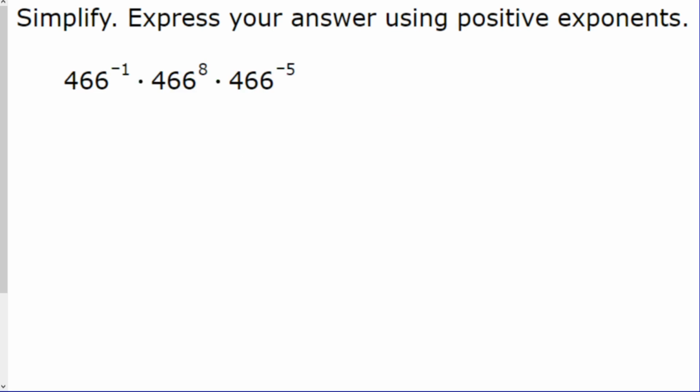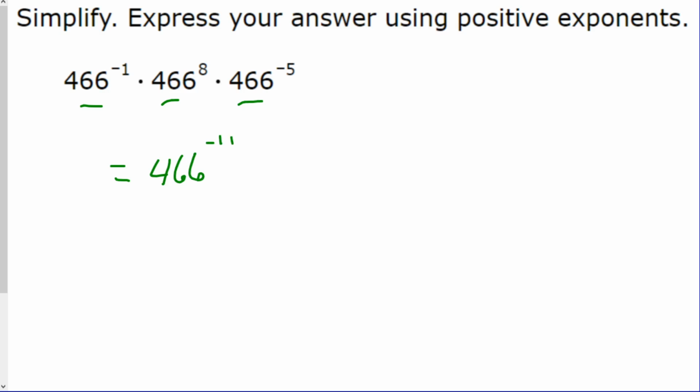All right, what about when you have multiple terms? You know, I say this all the time. The rules in math never change, and you know the rules here. All the bases are the same, and we're multiplying them together. So what can we do? Yes, we can add the exponents. So I'm just going to write them down just like they are.